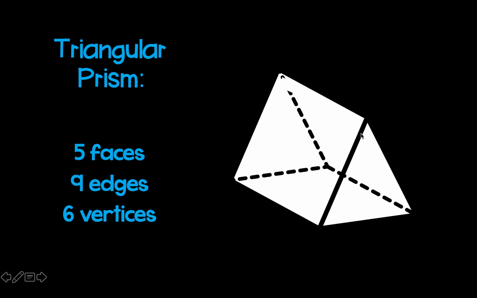Watch carefully. 1, 2, 3, back, 4, 5, 6, 7, at the bottom, 8, 9. Those are the 9 edges. And it has 6 vertices, counting the points, counting the corners. Point number 1, 2, 3, 4, 5, 6.